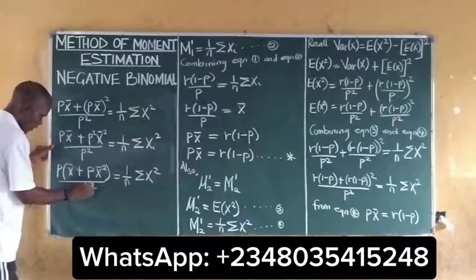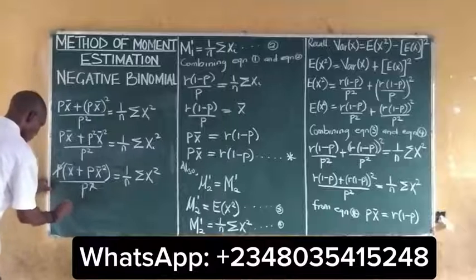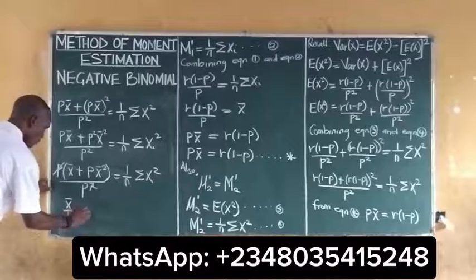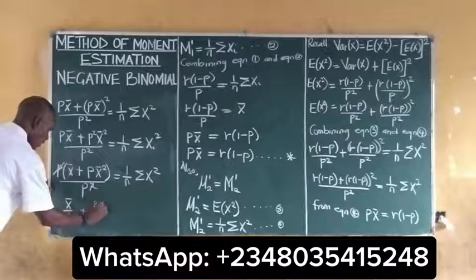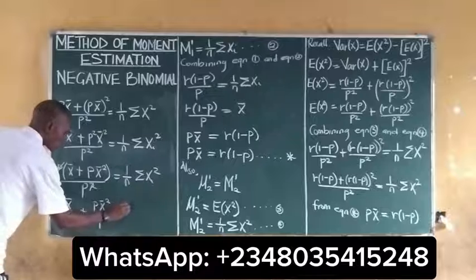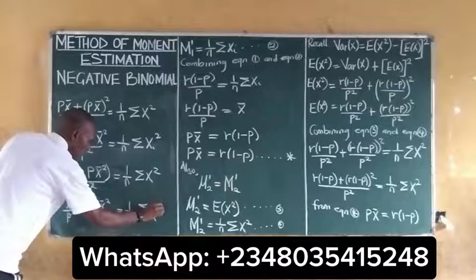Of course, this will cancel this. So we'll be left with x bar plus p x bar squared all over p to be equal to 1 all over n summation of xi squared.